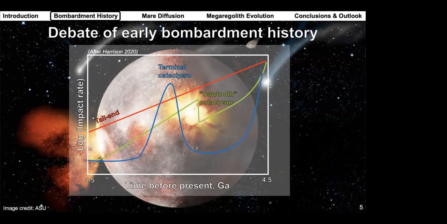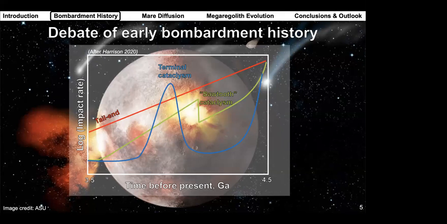After the return of Apollo samples, people found a lot of impacts with an age of 3.9, and then proposed that there was a very high impact rate in this period. And then another one, the yellow-green one, the sawtooth, considers the tail end and the terminal cataclysm as two end members, and the impact rate is something in between.